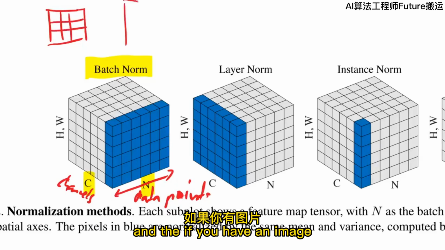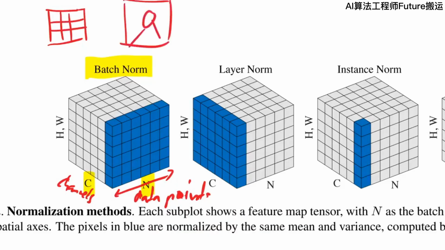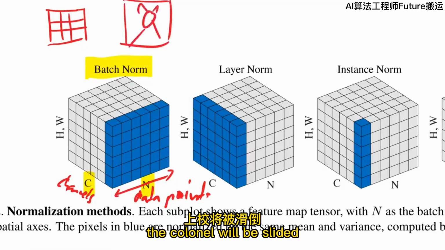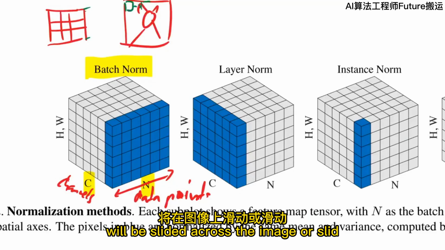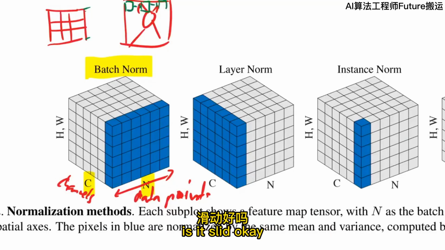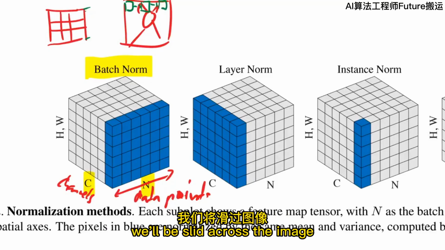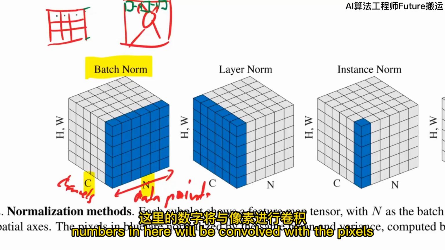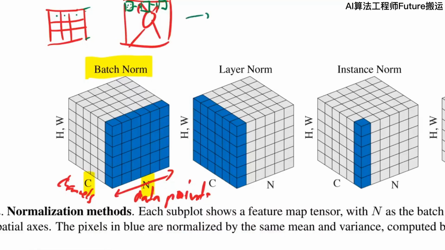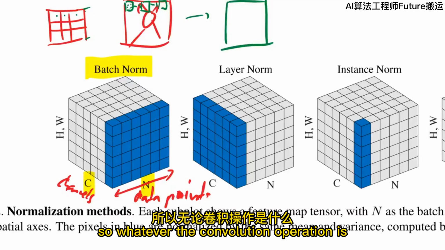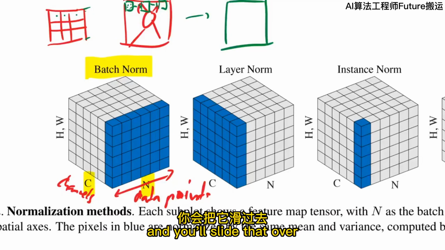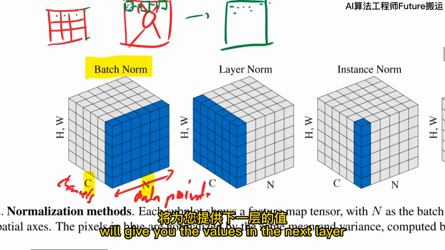And if you have an image, the kernel will be slid across the image, and then the numbers in here will be convolved with the pixels, and that will give you the next layer's representation. So whatever the convolution operation is, you slide that over.